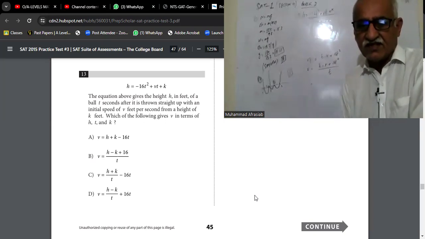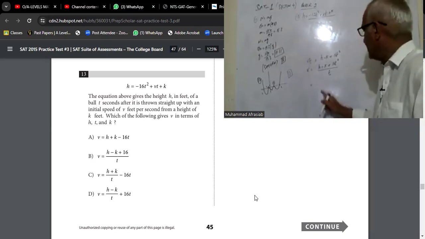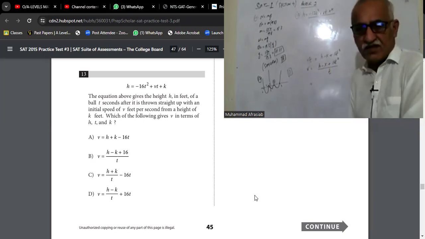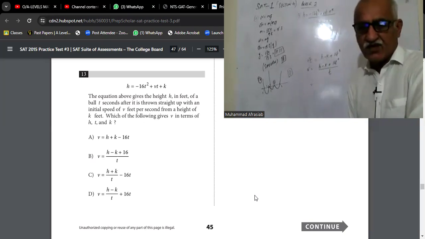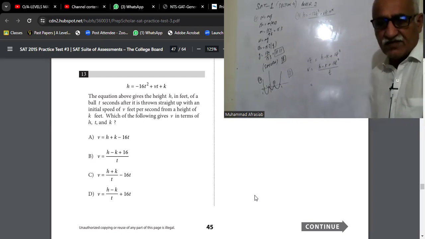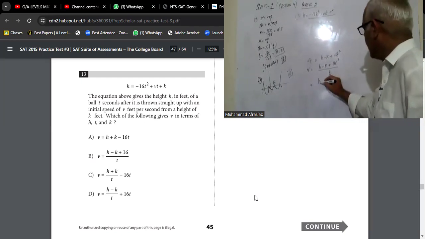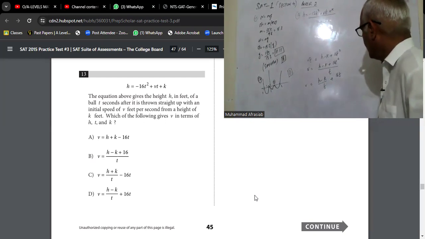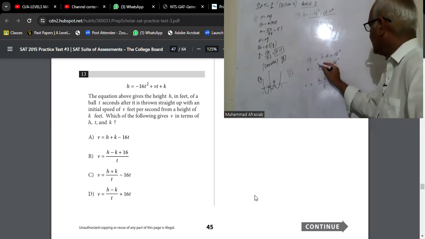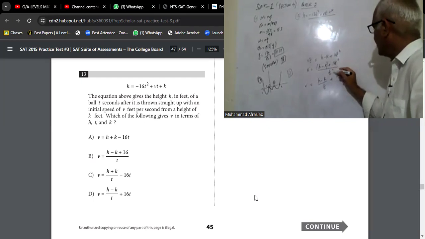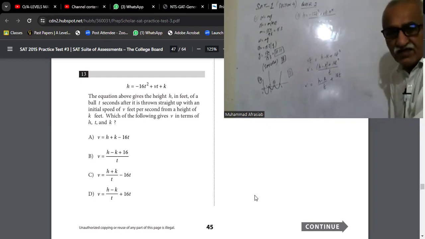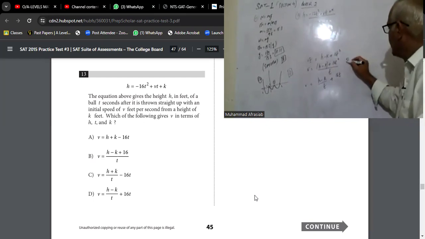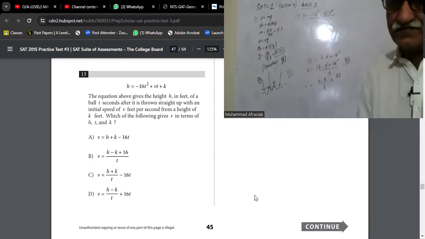B is not, and C is not there. So D is this: H minus K over T plus 16T. Because we are dividing, this is H minus K by T and this T square by T, and this will be the equation. So the right choice is D.